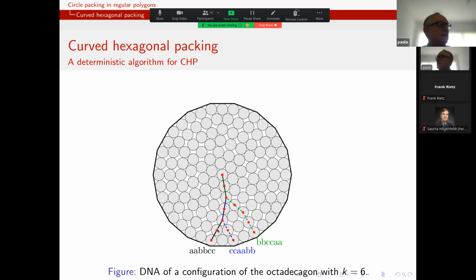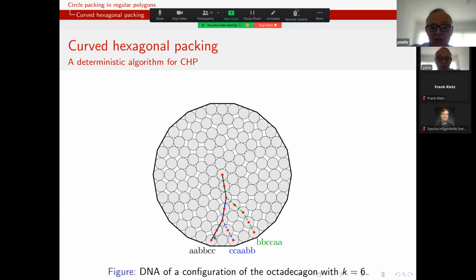And you see that if you rotate the container by sitting it on this vertex or on this vertex, you essentially produce a different configuration, an equivalent configuration, but with a different lexicographic code.